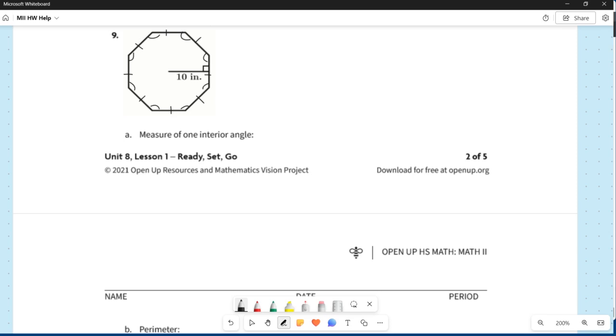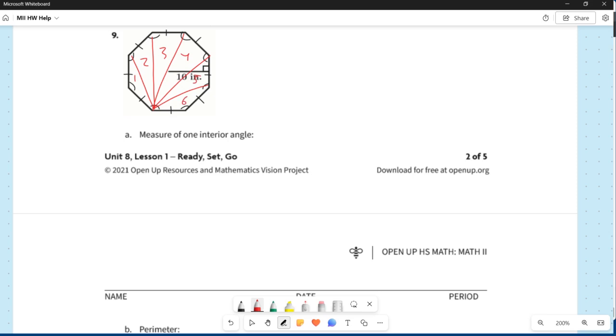For A, we want the measure of one interior angle. As we've now seen a couple times, if you want to figure out the total of all 8 of our interior angles, you can take any octagon, not just a regular octagon, and divide it up into 6 triangles. 1, 2, 3, 4, 5, 6.